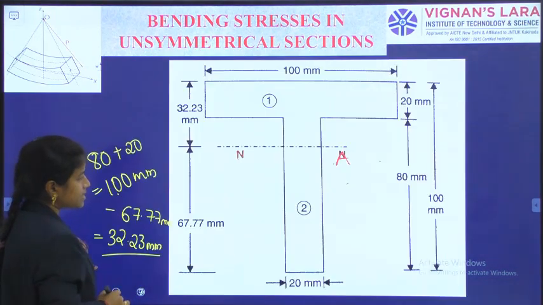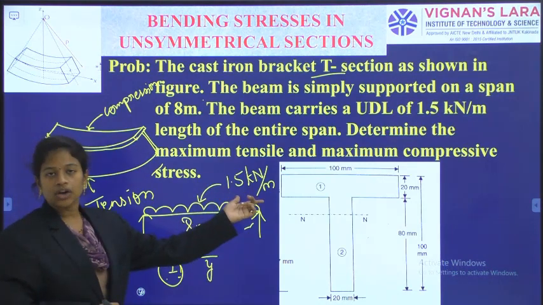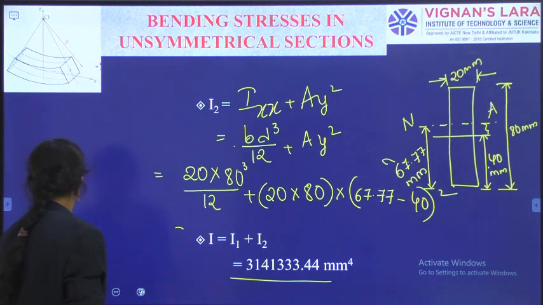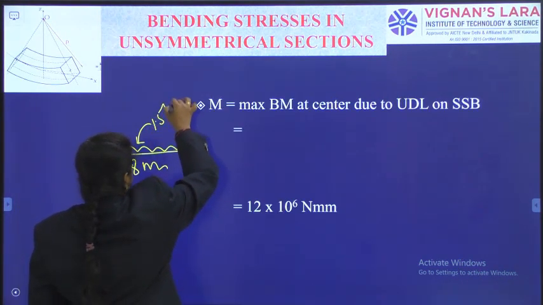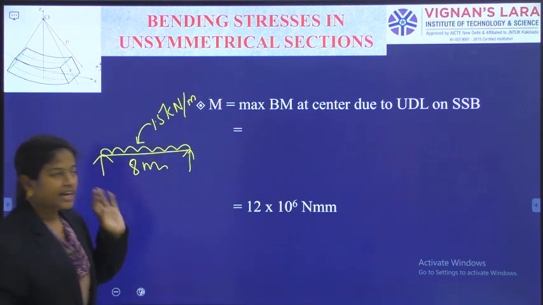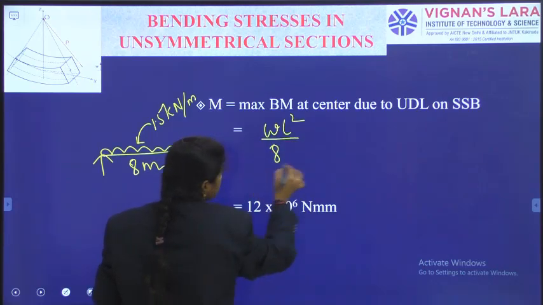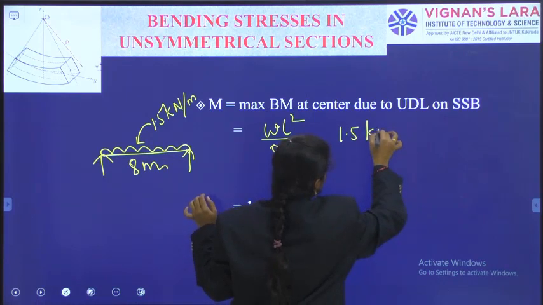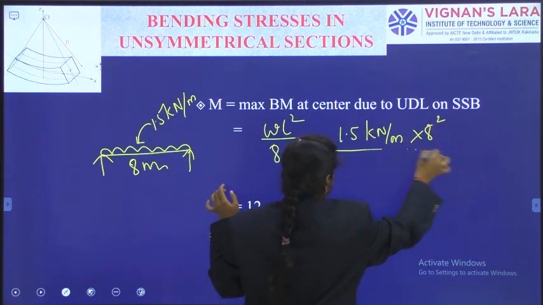See here how it is. We have a UDL of 1.5 kN per meter. For a simply supported beam with UDL over the entire length, the maximum bending moment is WL square by 8, and we have W intensity as 1.5 kN per meter into 8 square by 8.